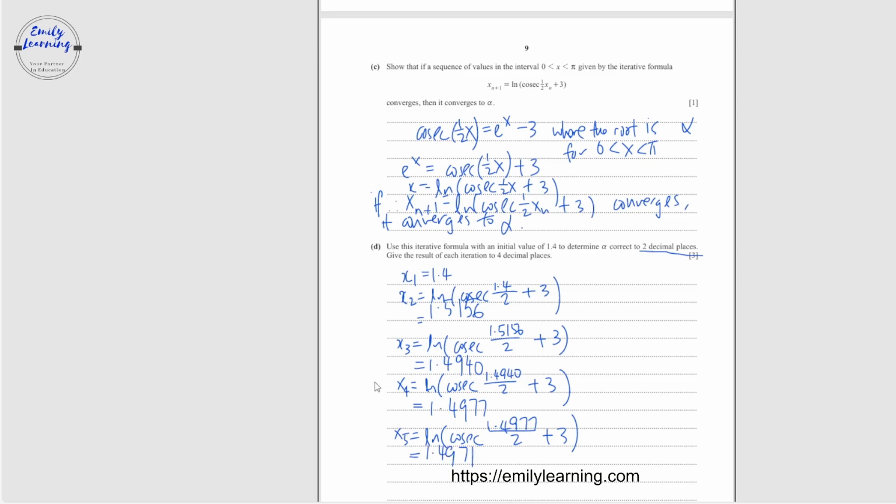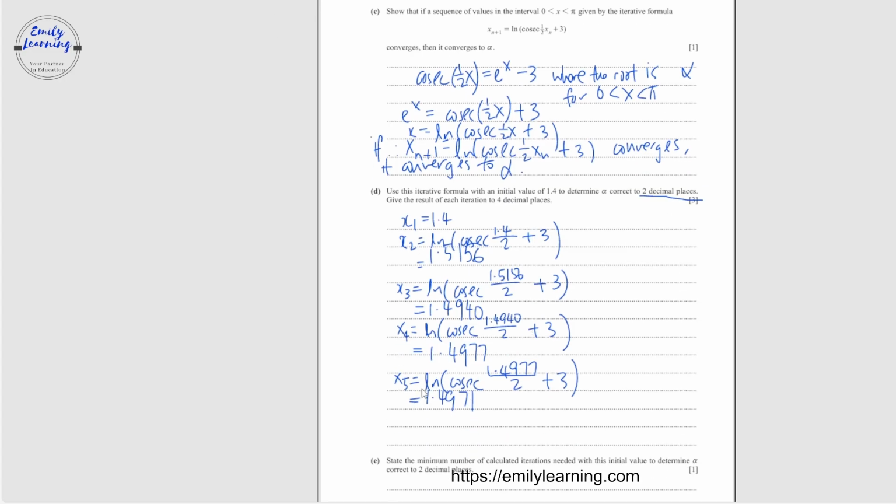So for both x4 and x5, when I round off to 2 decimal places, they give 1.50. So very likely alpha equals 1.50 when rounded off to 2 decimal places.